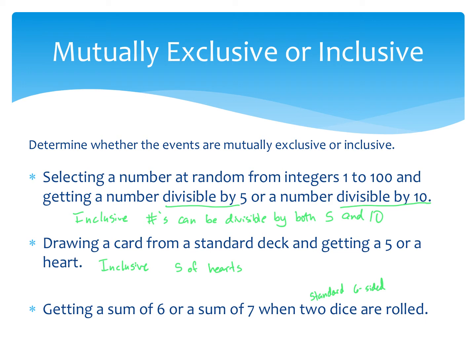It either adds up to 6 or it adds up to 7. Those two options don't overlap. So this would be mutually exclusive, because the sum is either 7 or 6.